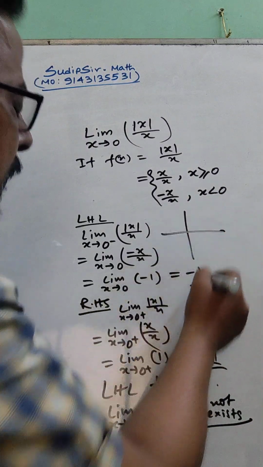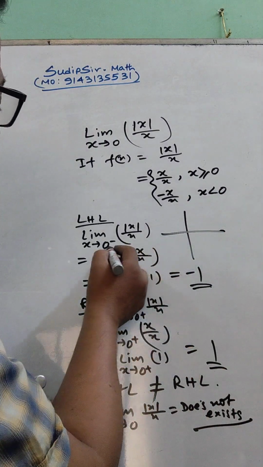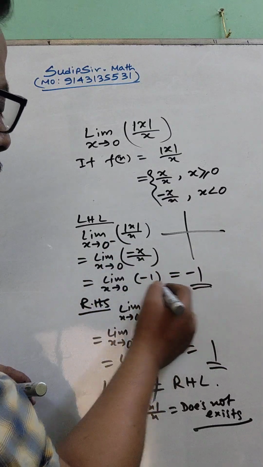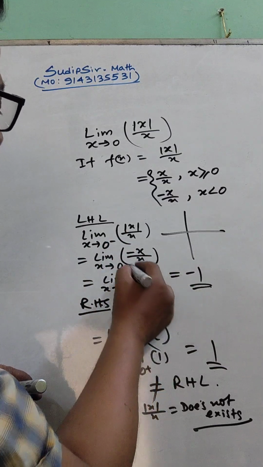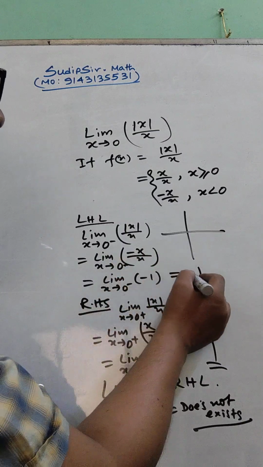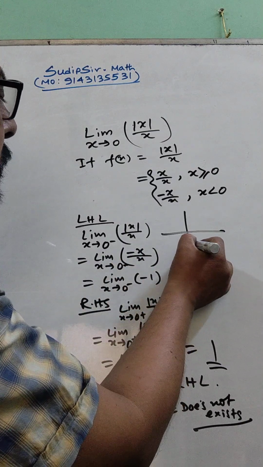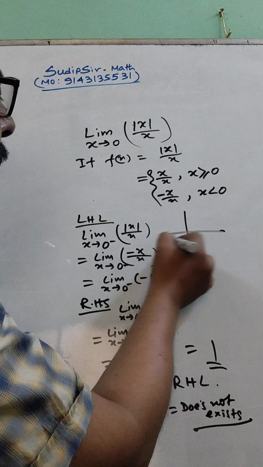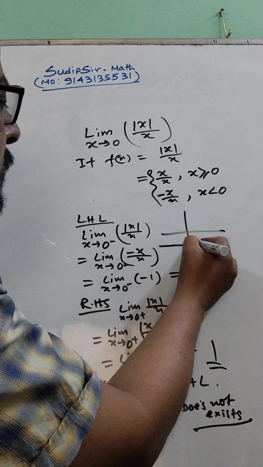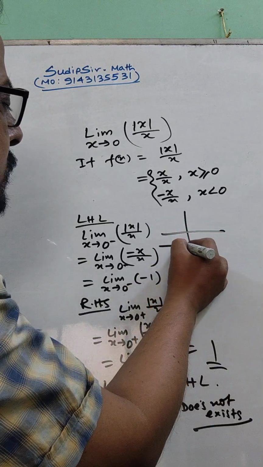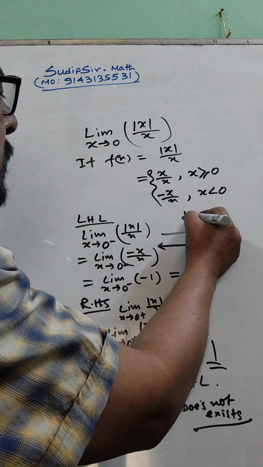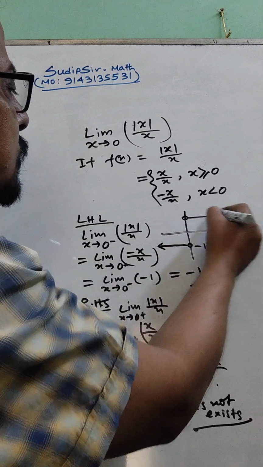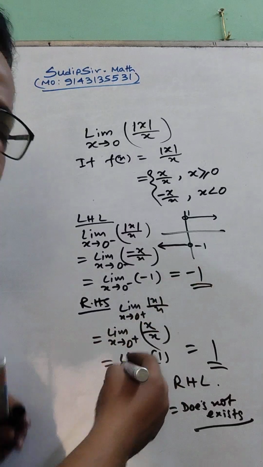So what will be the graph for limit x tends to 0? At 0 minus the value is minus 1, not touching here, and for 0 plus the value is plus 1.